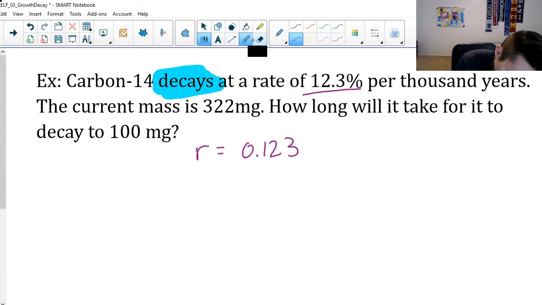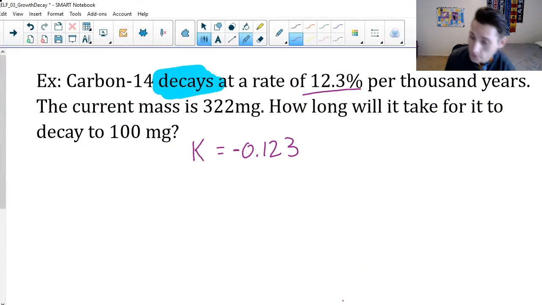So when we write our K, that rate should be negative. That's something you have to identify and make sure you put the negative. Based on the fact that it is decaying, we put the negative sign on our rate. Don't forget it, because otherwise you'll mess up your whole equation.